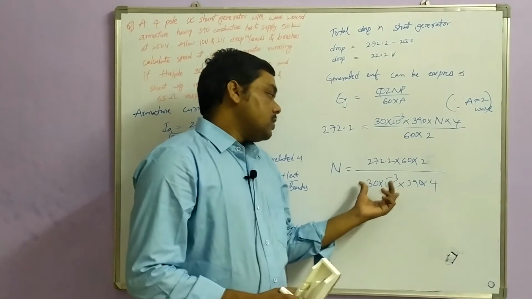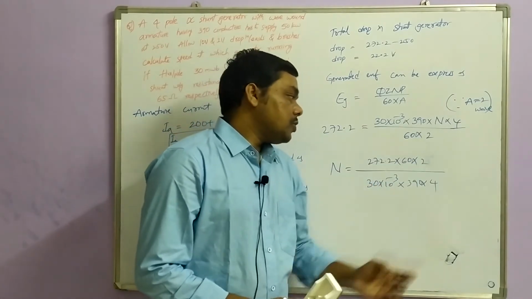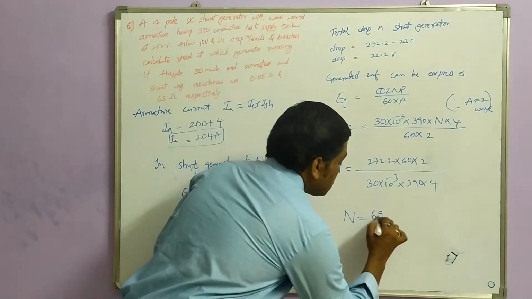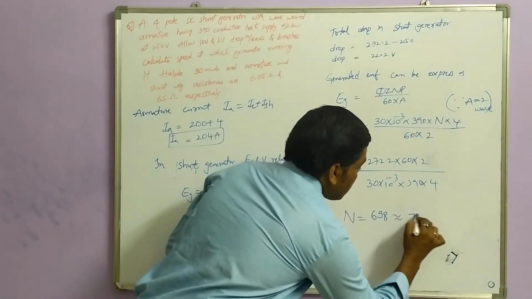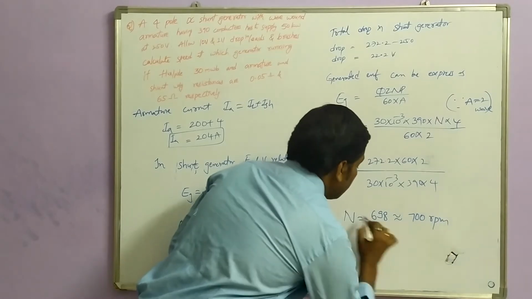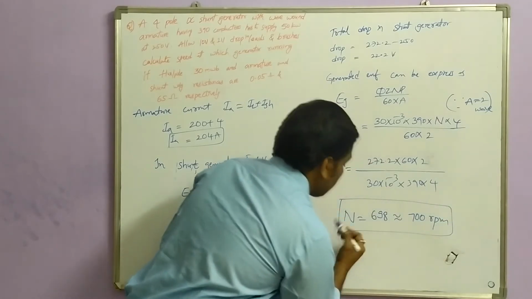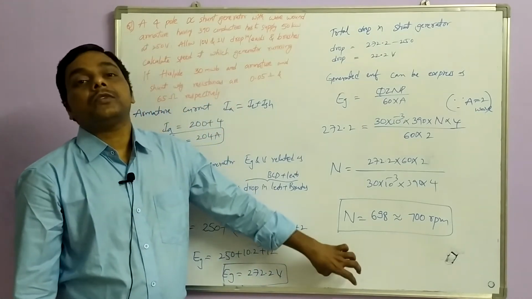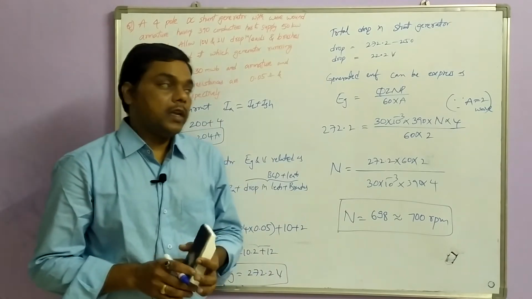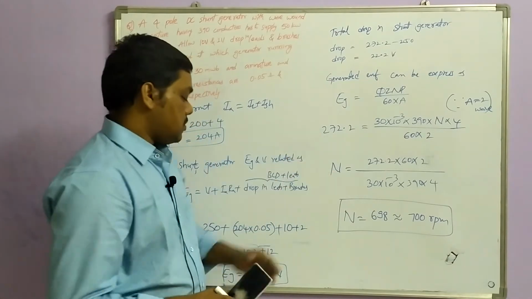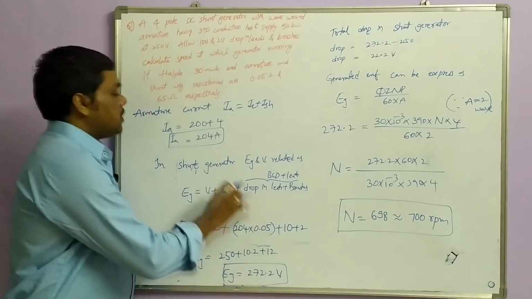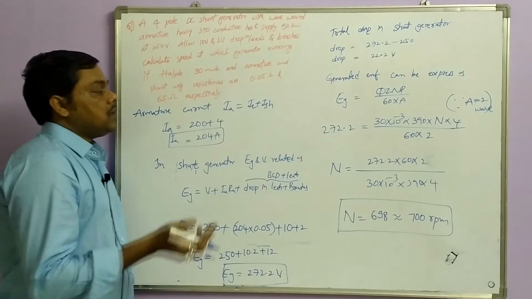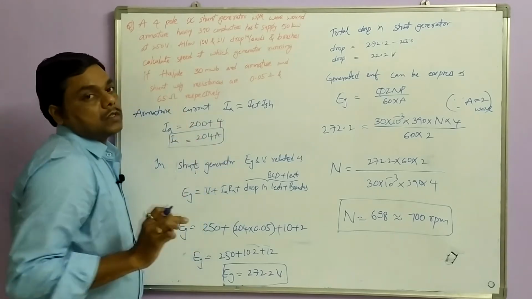Now if you simplify this, you get around N equal to 698, which is approximately 700 RPM. Now this is the rated speed at which your shunt generator is running with a generated EMF of 272.2 volts, an armature current of 204 amperes and a shunt current of 4 amperes.